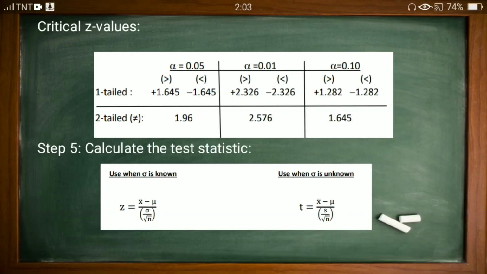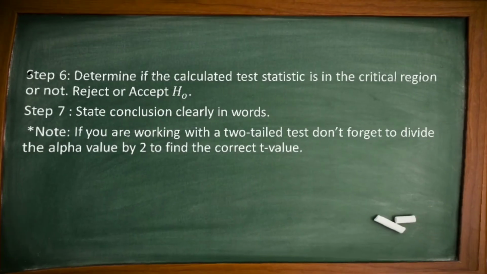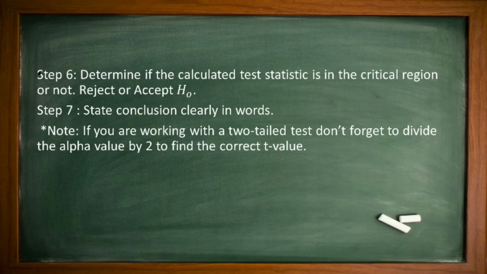Okay, so yan po yung ating gagamitin na formula para sa pag-calculate ng ating test statistic. Okay, next we have step 6. Determine if the calculated test statistic is in the critical region or not. Okay, reject or accept. Next, step 7, or the last step, state conclusion clearly in words.